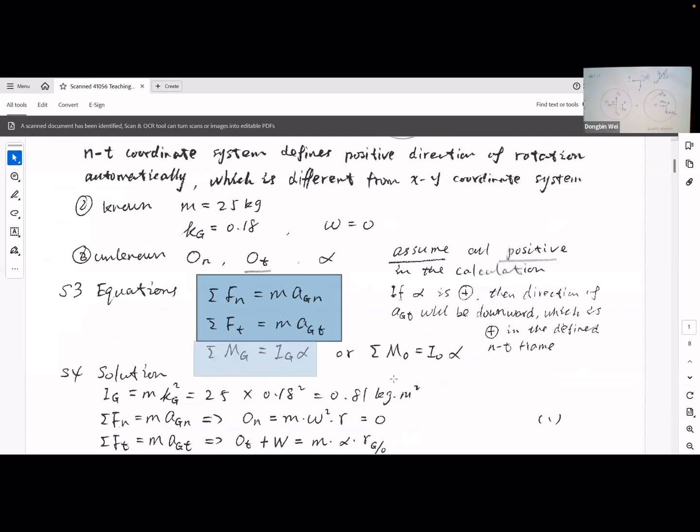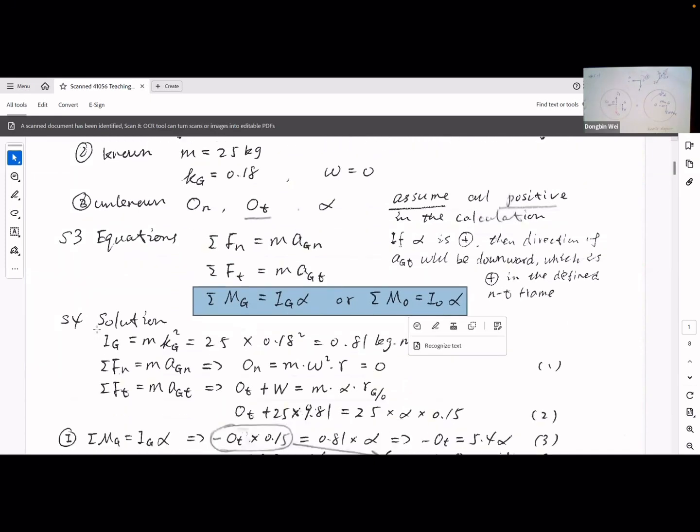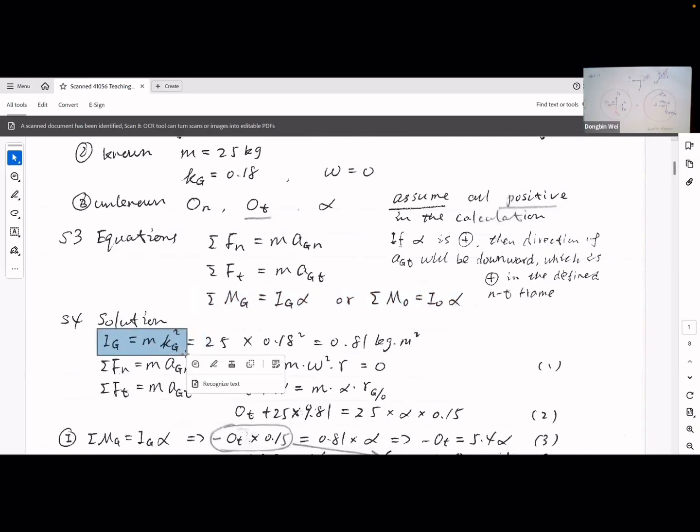For the third equation about the rotation component, for this problem, we can use the mass center point G. We can also use the rotation center point O. In this solution, the first thing is to calculate the MMI, mass moment of inertia, of this flywheel about the axis going through the mass center point G. Because we already know mg, this calculation is quite convenient.